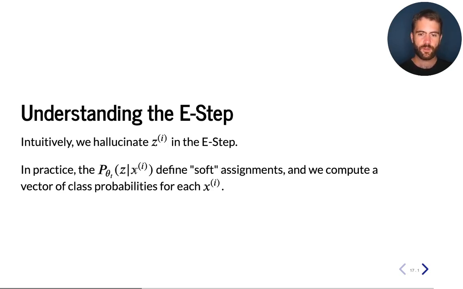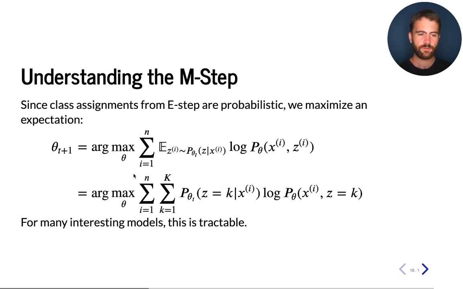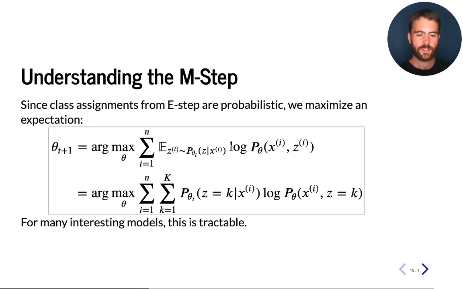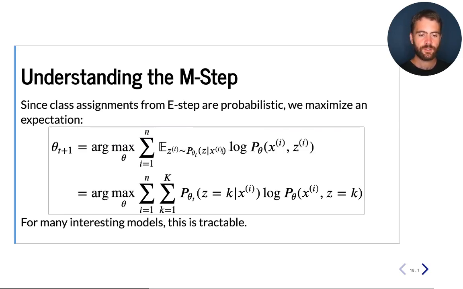It defines a number for each cluster, which is the probability that X belongs to that given cluster. And now, given that we have a vector of probabilities, in the M step, we want to maximize the expected log likelihood of the data and the cluster assignments, where the expectation is taken with respect to our best guess for what the assignments are, which is given by this probability from the E step.